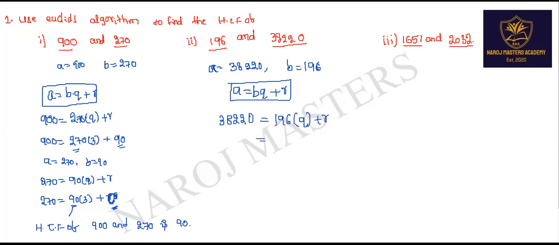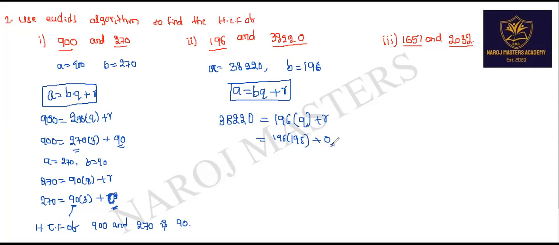How many times of 196 is equal to 38,220? So if you see here, divide this 38220 by 196. Then you will get 196 into 195 is equal to 38220. And the remainder is 0 here.